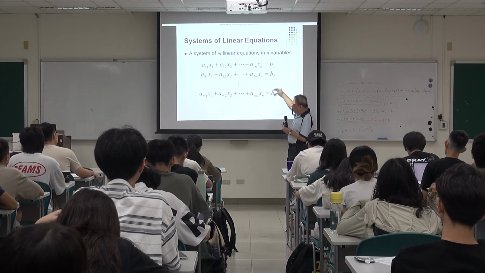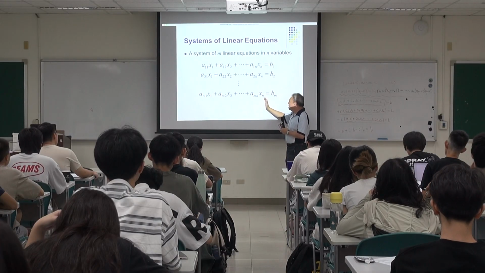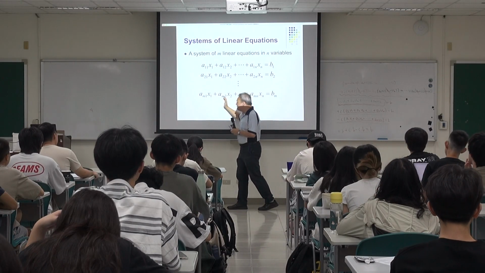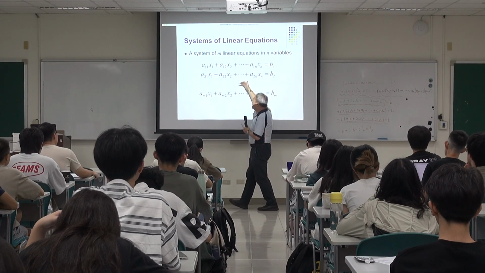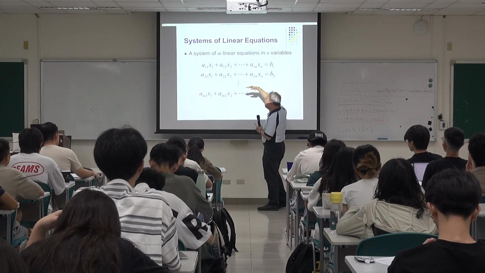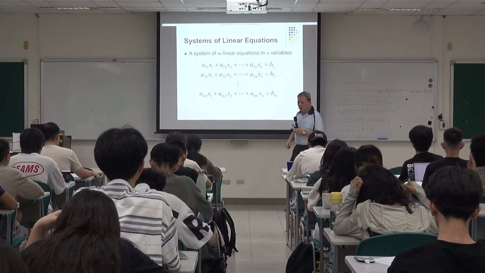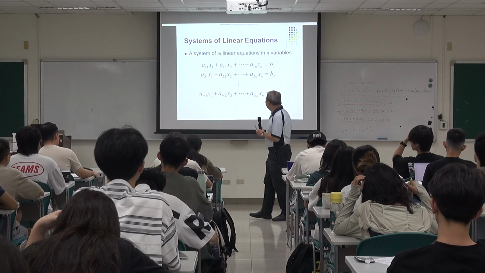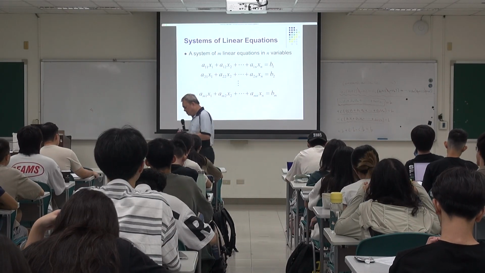So in other words, we have x1 to xn, n variables, and n rows of linear equations.